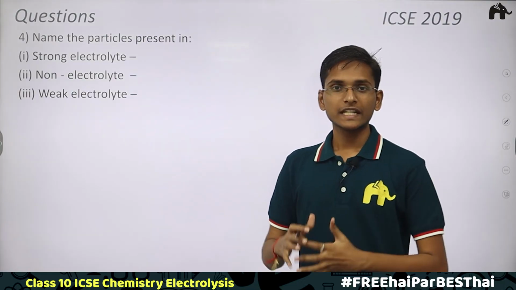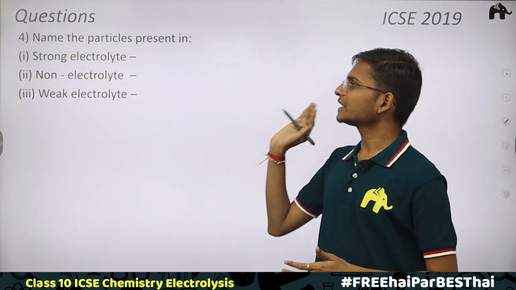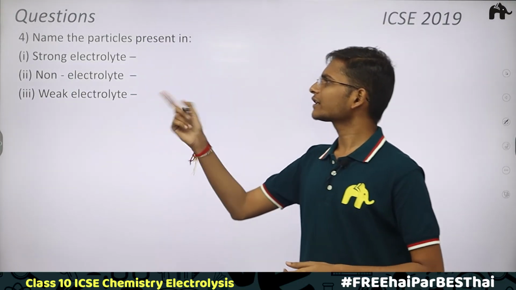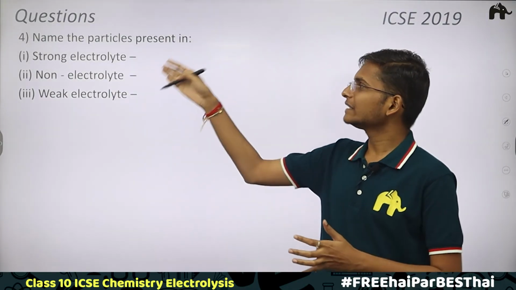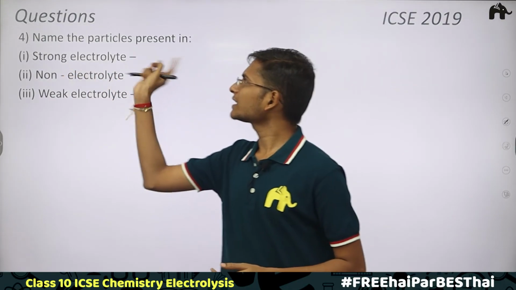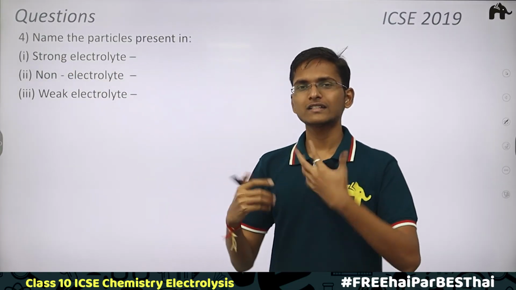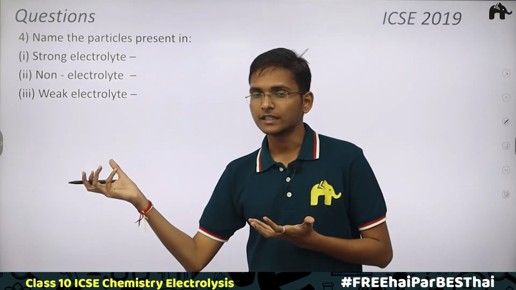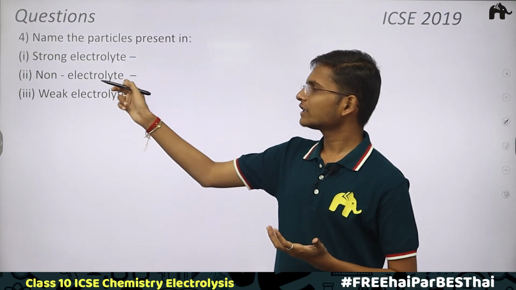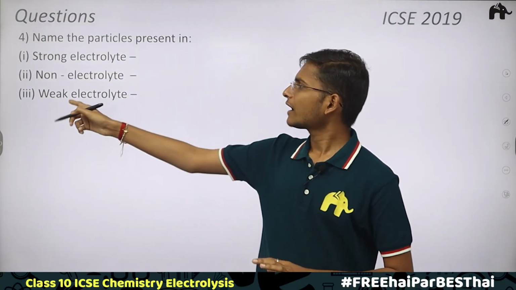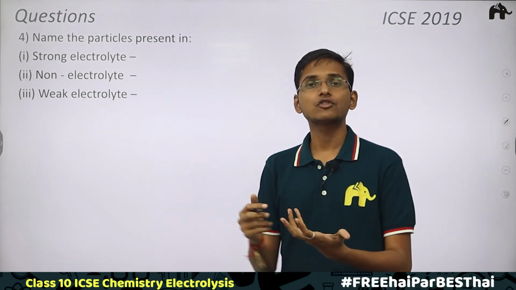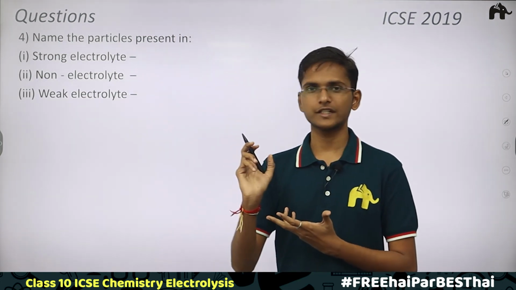Correct? Next is: name the particles present in. First strong electrolyte, second non-electrolyte, third weak electrolyte. They mean: name the particles present in strong electrolytes, non-electrolytes, and weak electrolytes, in their aqueous solution or in their molten state.